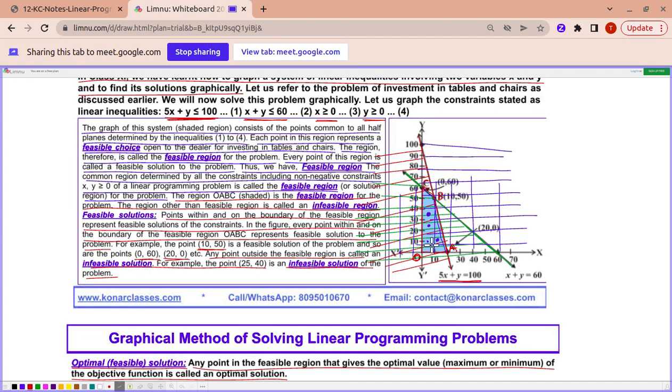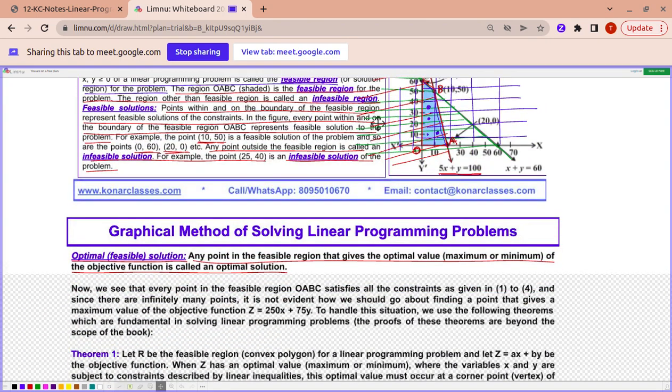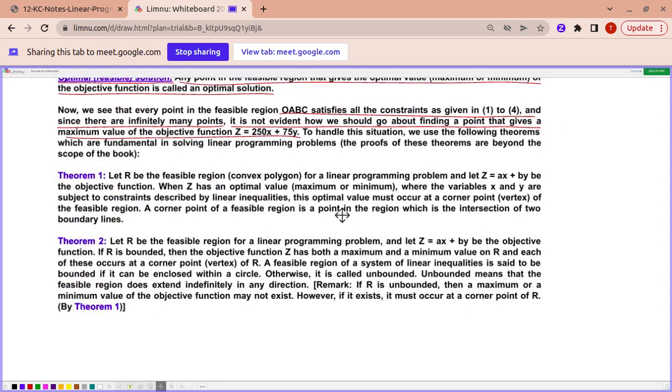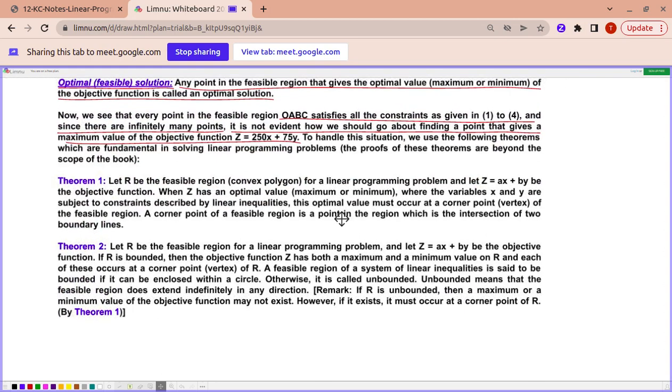In this region, if you find any point, it will have x and y coordinates, and that will be a solution. But the question is how we can make sure that those values of x and y give us the maximum value for the objective function z, 250x plus 75y. In this case it is a maximization, but in some other problem, related to cost or to usage of resources, it will be a minimization problem.